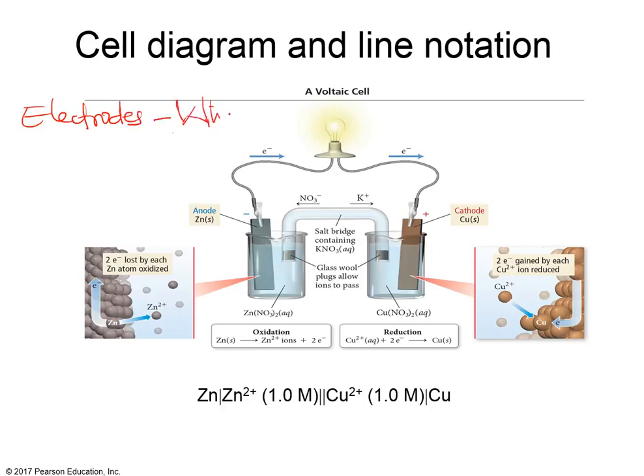Electrodes are where redox reactions occur in a cell. So if you want redox reactions to occur in a cell, then you need to have electrodes.